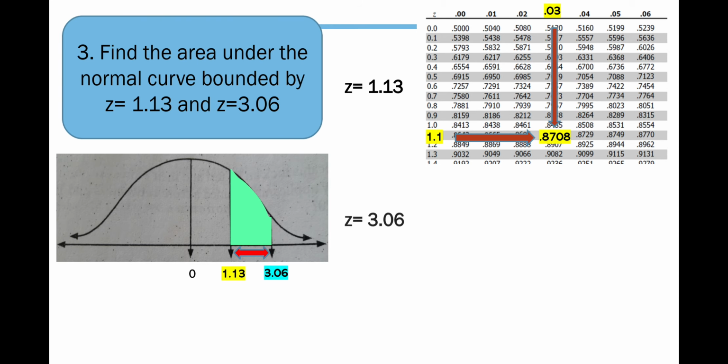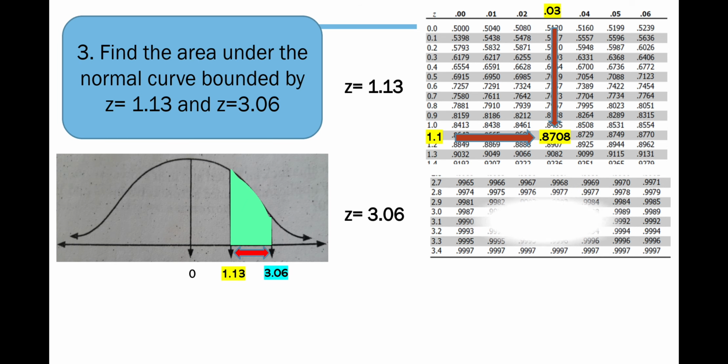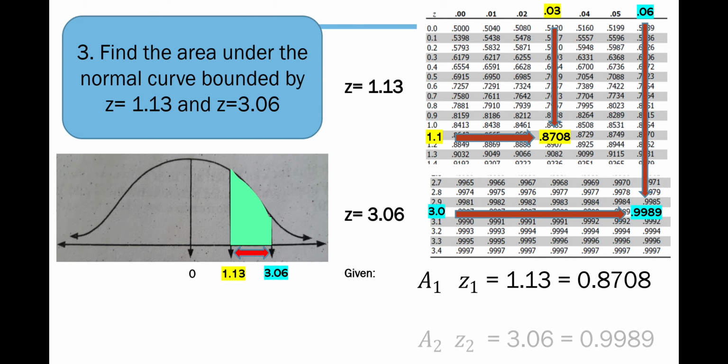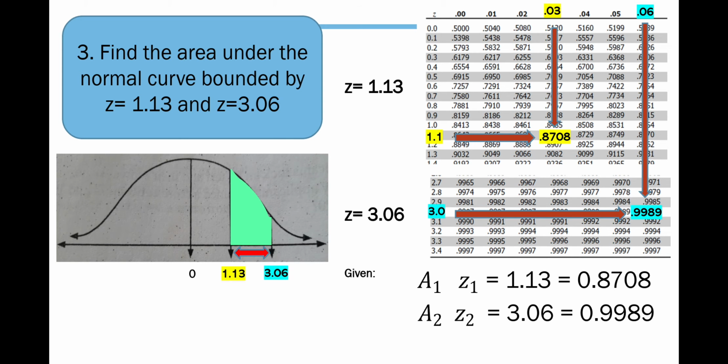And for z equal to 3.06, find 3, and for the upper part, find 0.06. So we have the value 0.9989. Therefore, the area of z equal to 1.13 is 0.8708, and the area of z equal to 3.06 is 0.9989.